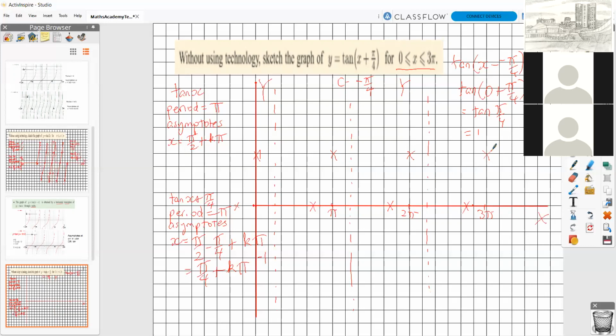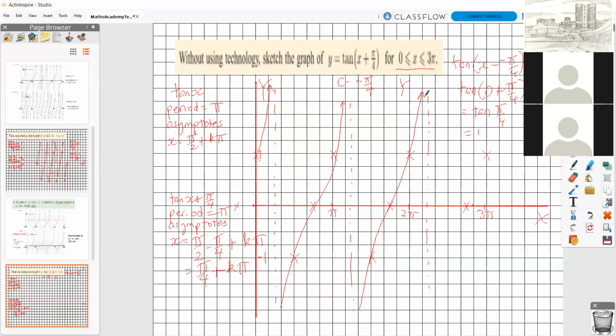What about the negative ones? Well, they're halfway in between those. So we can plot them. Yeah, that's looking right. This one should be here.